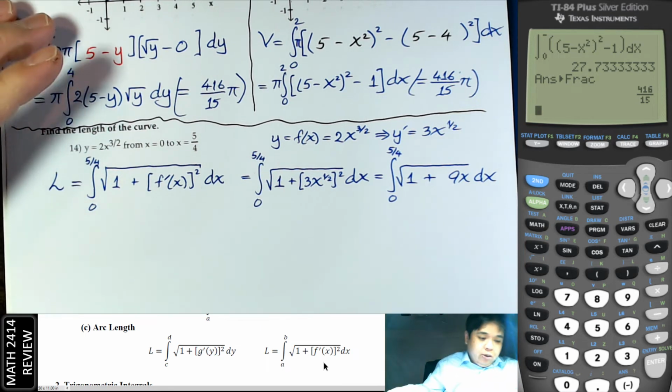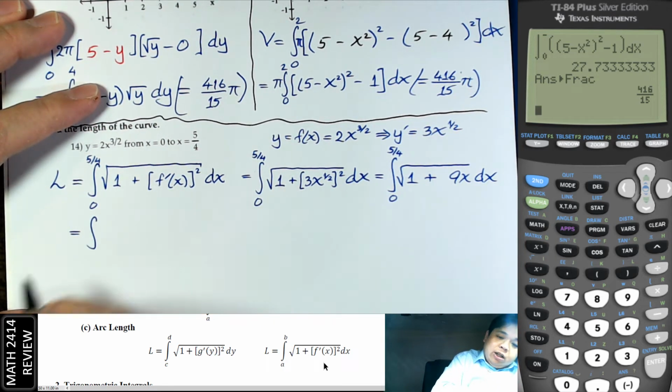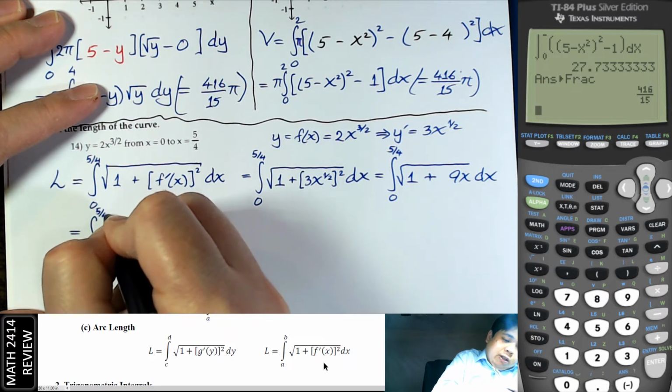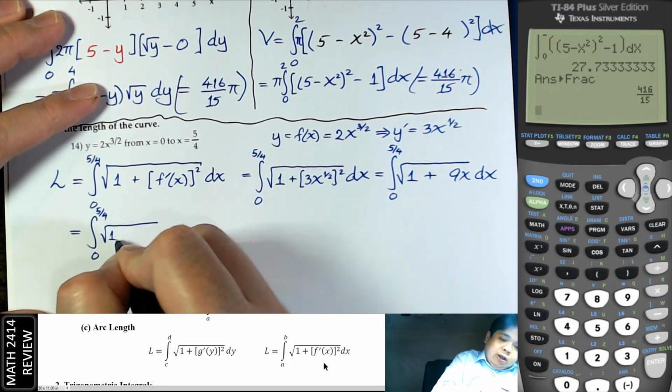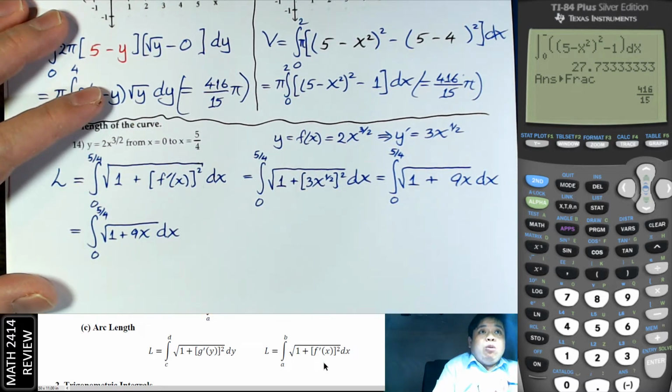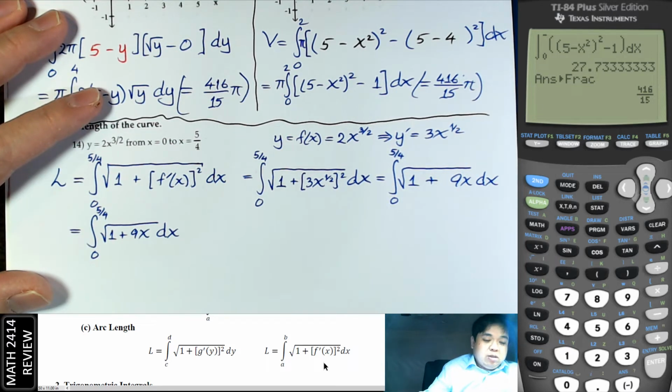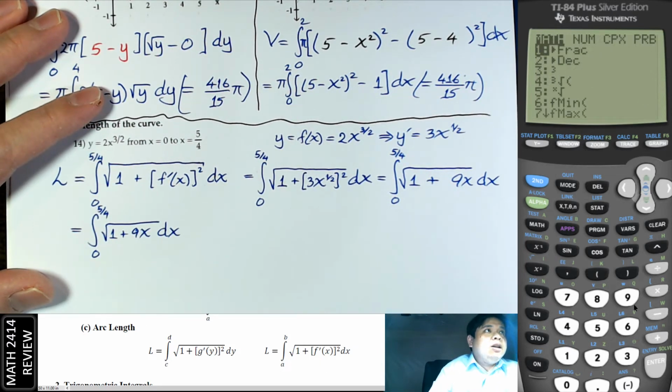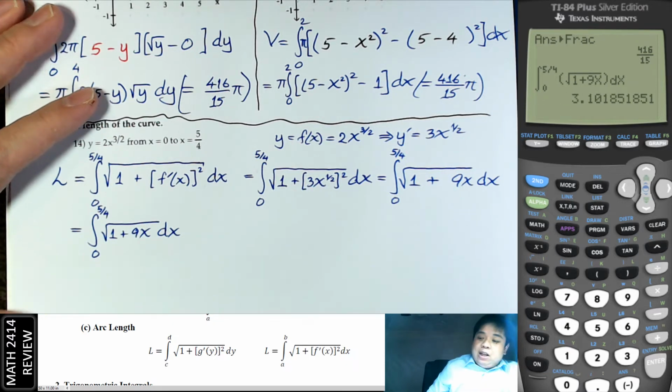Right. So again, let me just write the integral to evaluate from 0 to 5 over 4: the integral of the square root of 1 plus 9x dx. With a square root like that, I don't think this one will come out nice and even. So let's just do this by hand. By the way, let's check real quick. Just keep that in the back pocket.